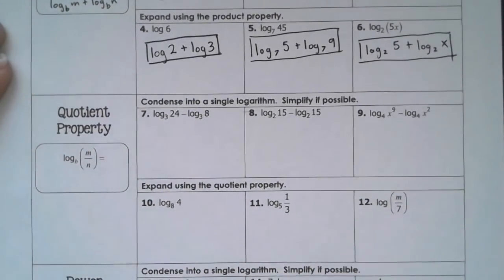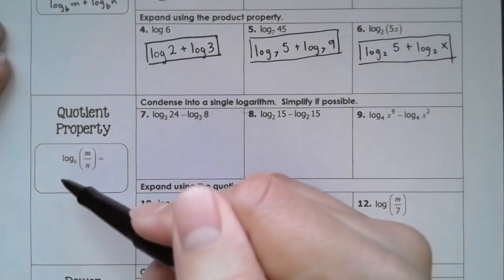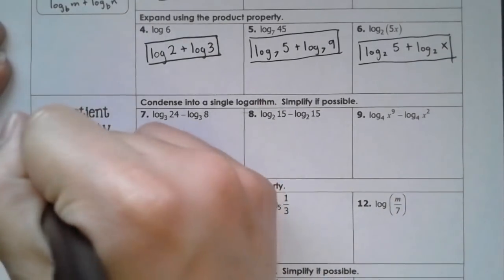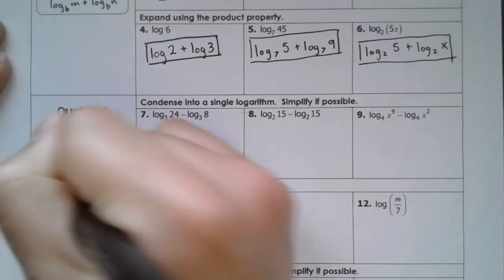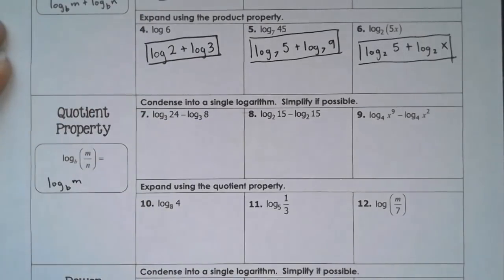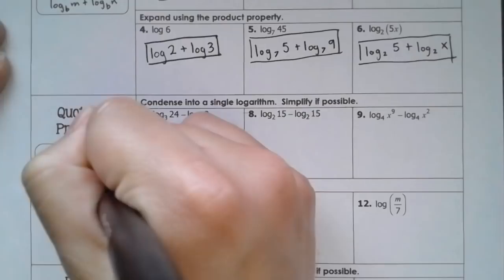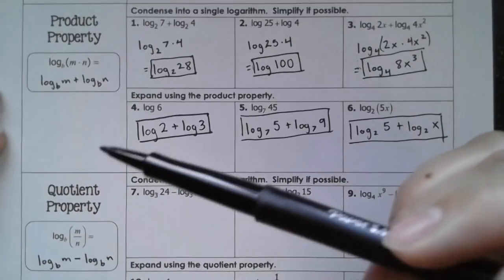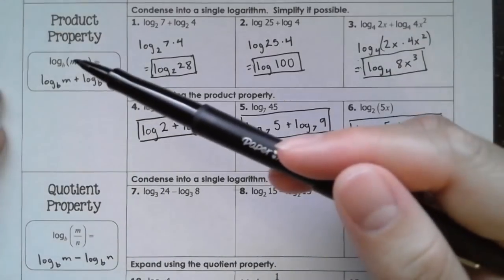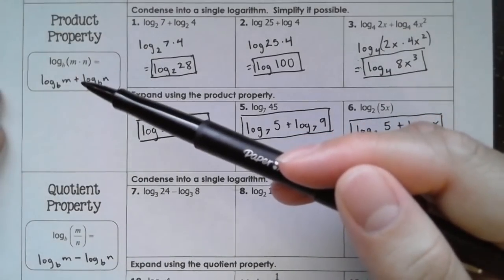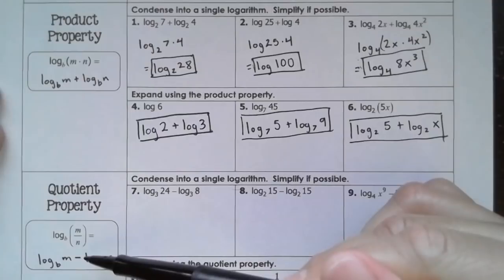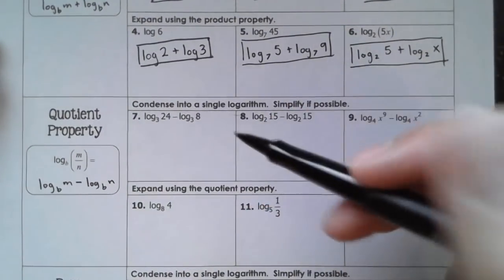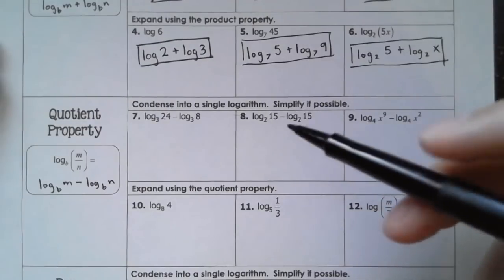Next is the quotient property. When you have division, log base b of m over n, you can express this as log base b of m minus log base b of n. So what you have to memorize is, again, multiplication goes with addition, division goes with subtraction. So right here it says condense into a single logarithm, simplify if possible.